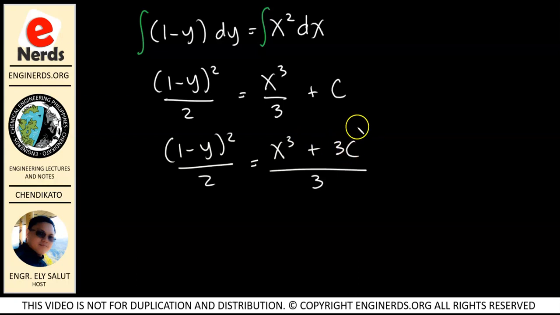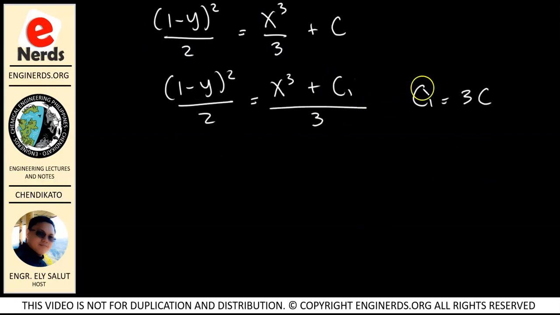So kahit i-multiply mo siya sa 3, it will still be an arbitrary constant. So I could just replace itong ating 3c by our new arbitrary constant, which is, let's say, c1. So let me use c1 instead, where c1 is equal to 3 times c. So it is the same, no? Pareho lang because we're just talking about an unknown constant in here.